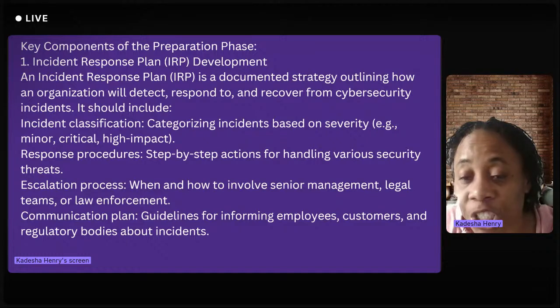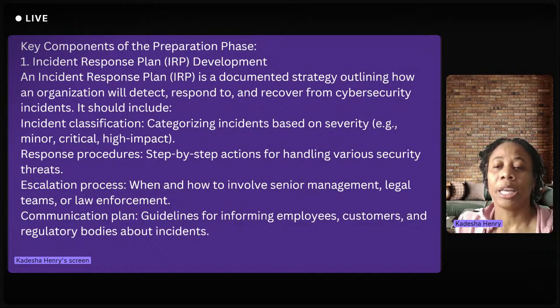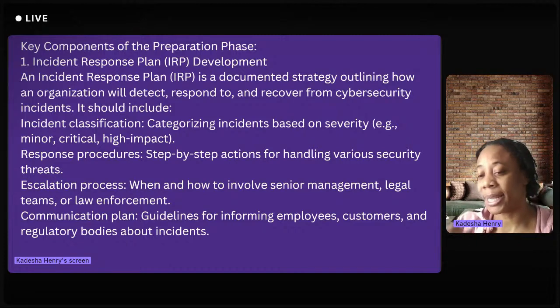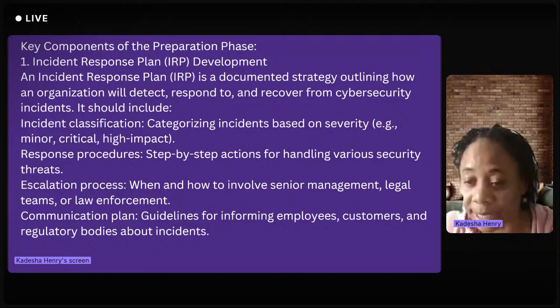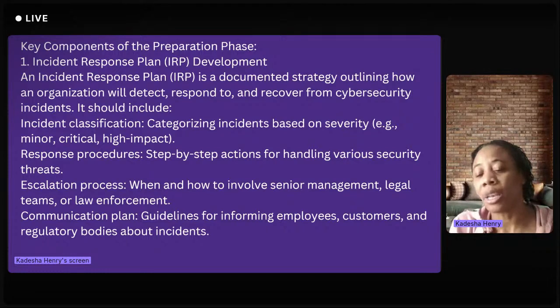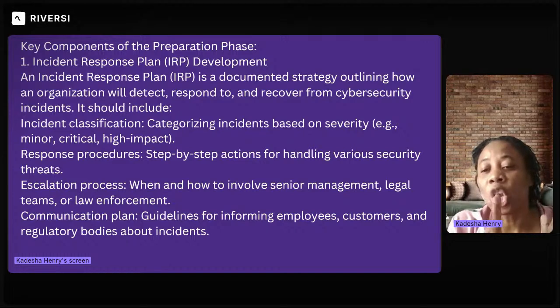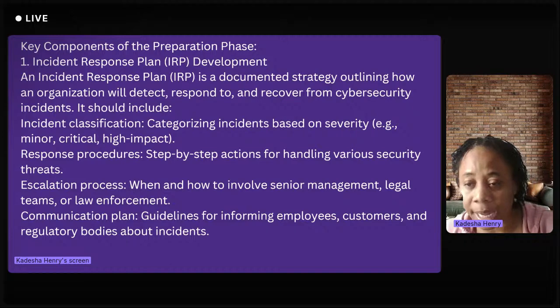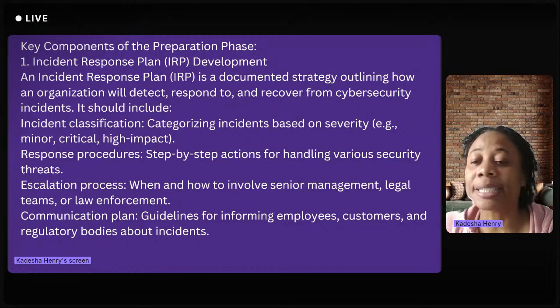If it is a phishing attack, if it is a DDoS attack, what are the step-by-step actions of handling those security threats? Because all of it now is in the preparation phase, and not everyone would be aware of what the steps are to handle those. Escalation process.